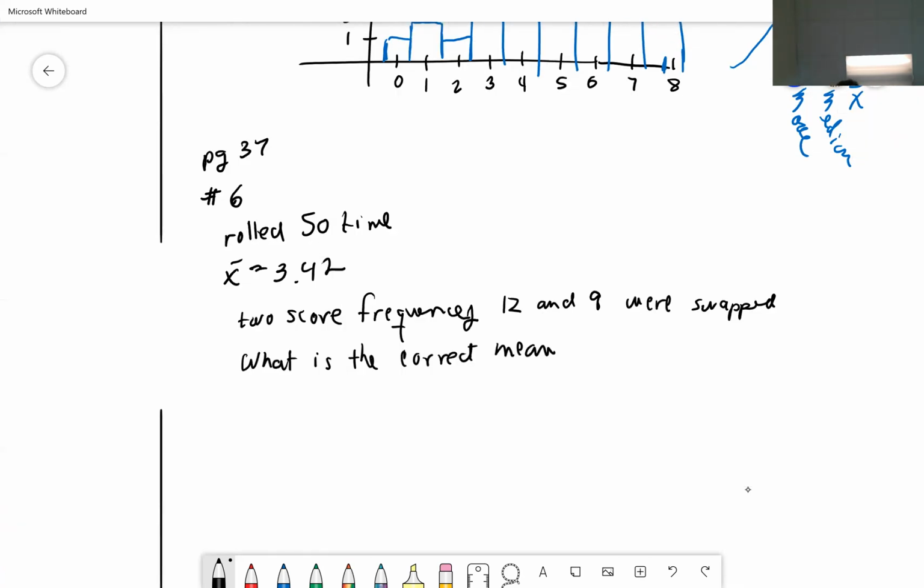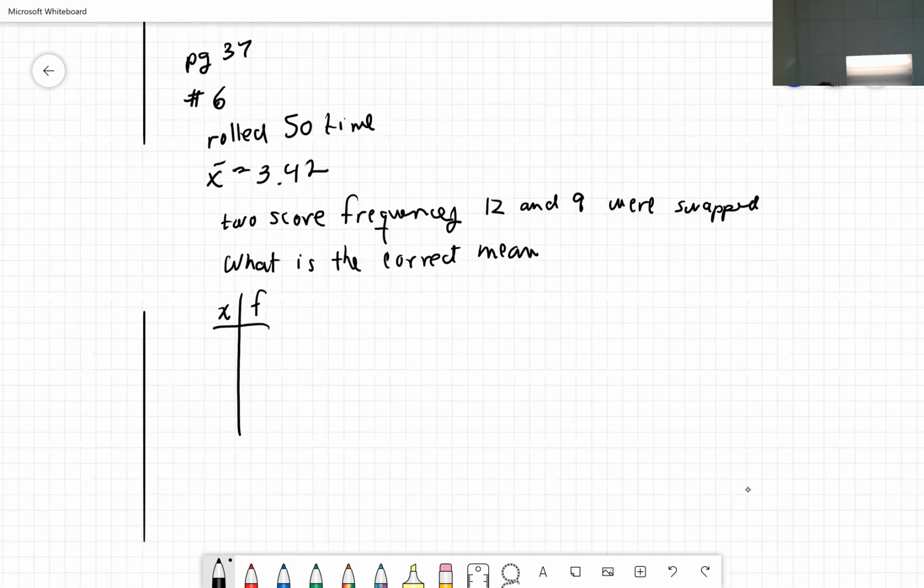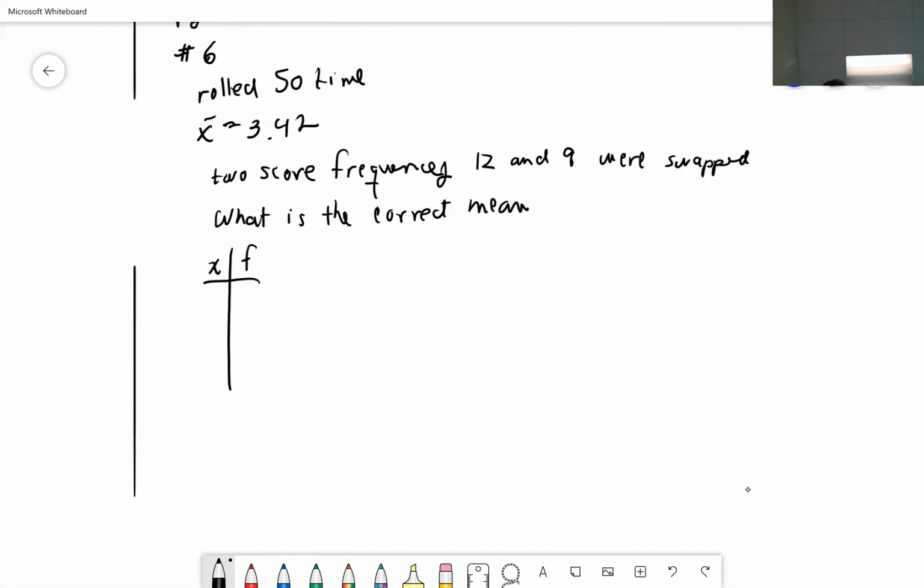Okay, so I'm assuming what they mean is die, not dice. So 1 through 6 were the possible answers. So if we had a frequency distribution here, it would be 1, 2, 3, 4, 5, and 6.